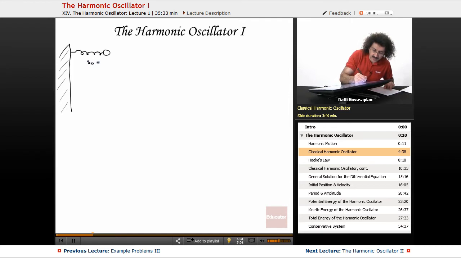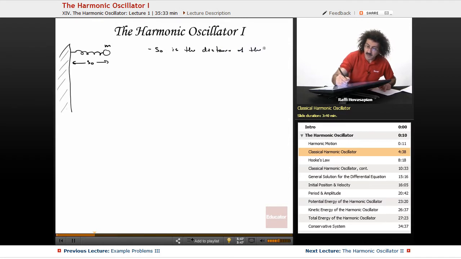We're going to call that S0, the distance of the undisturbed spring. There's a mass, and it has mass M.